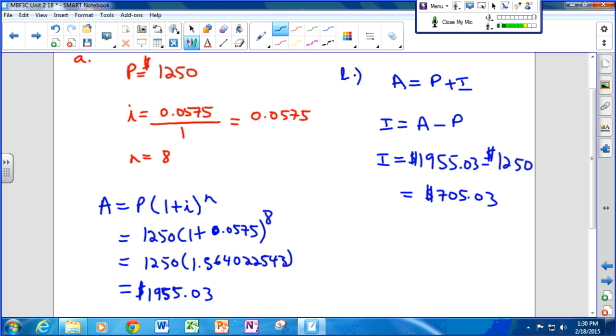Okay, now this is a word problem, so we really have to answer in words, right?